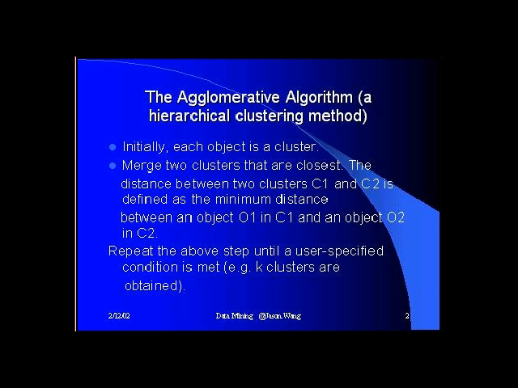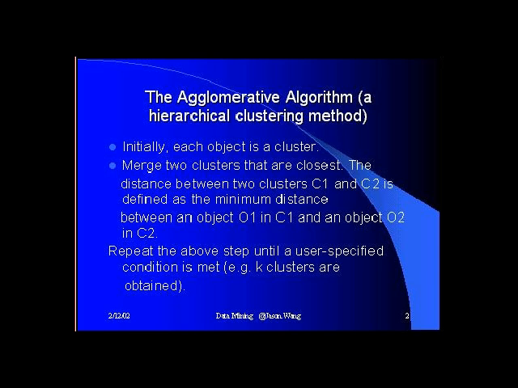Initially, we treat each object as a cluster. So suppose you are given 100 objects. Initially, you start with 100 clusters. And then you merge the 2 clusters that are closest. You merge the 2 nearest clusters.